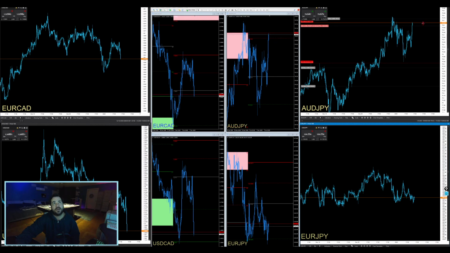Why can't I grab it? There we go. In fact, it should be up a little bit higher. That's my alert. Okay. I did take the stop out on the, was it the euro yen? It's 414.